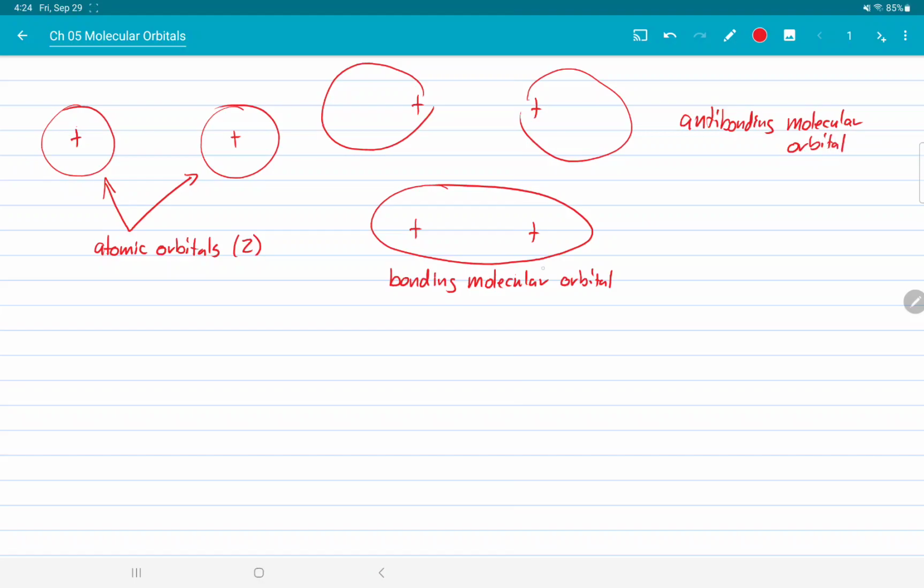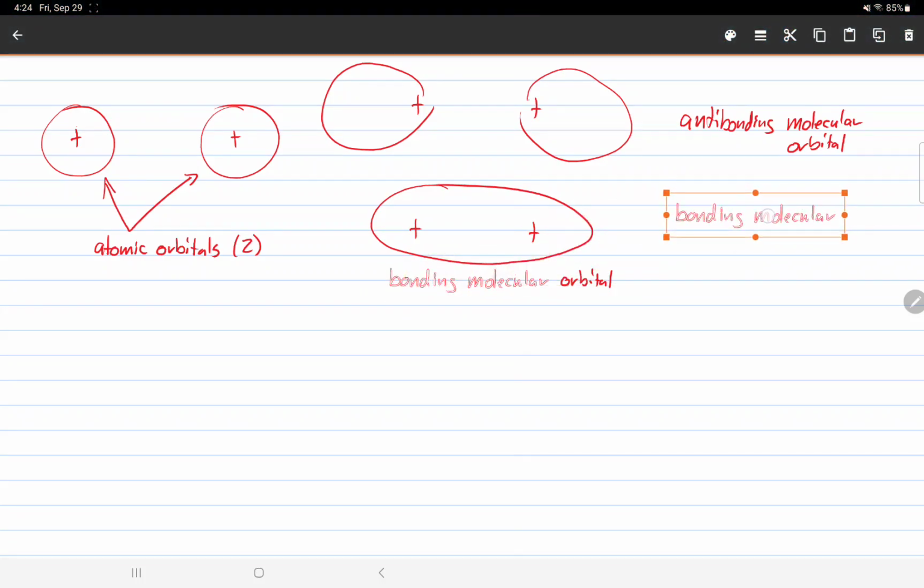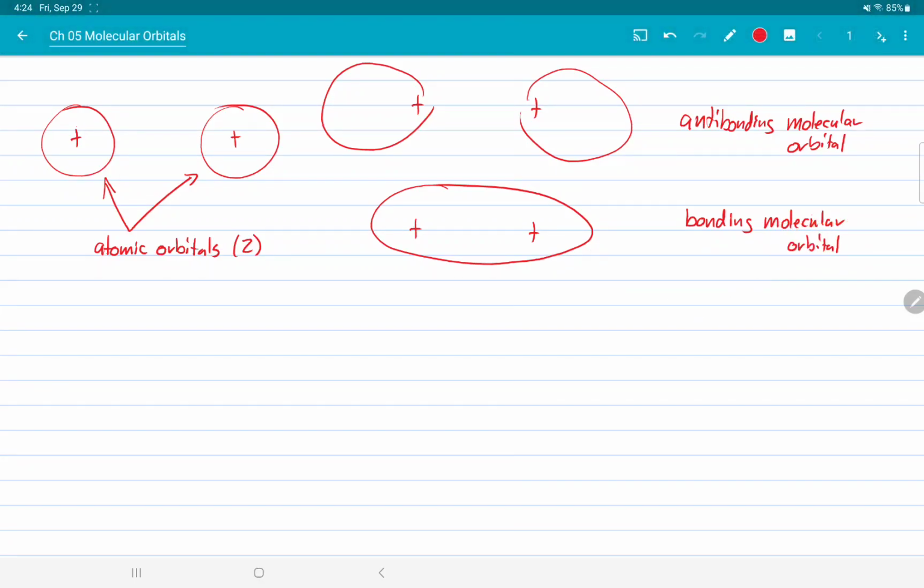So there's still two orbitals. It's just they're not the same anymore, but just separated. They are being shared between the two nuclei.